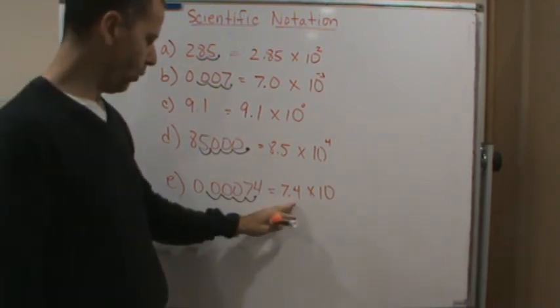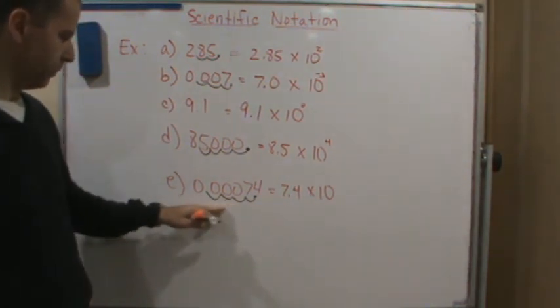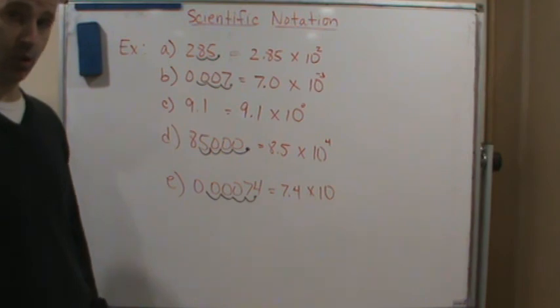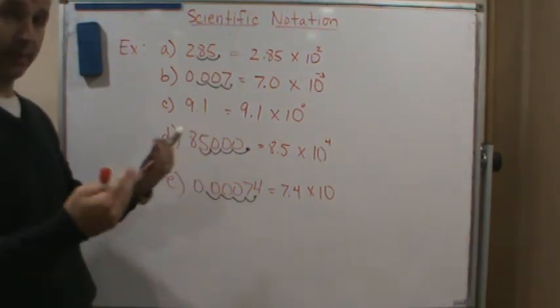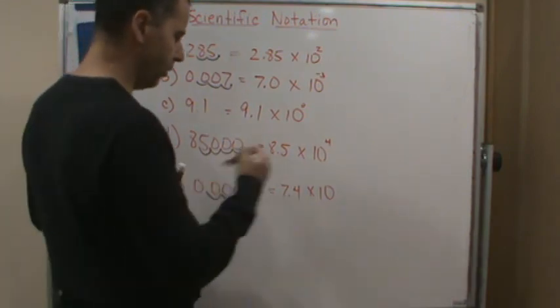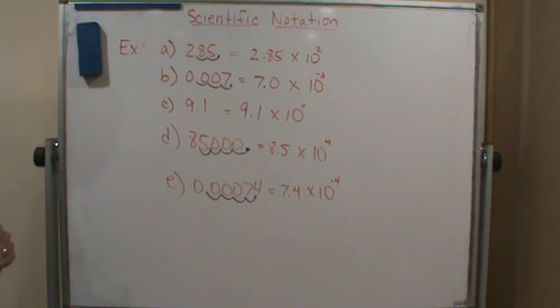So 7.4 times 10 to what power will equal this number? Well, I had to move it 1, 2, 3, 4 places to the right, which means I'm going to have to move it back 4 places to the left. And in order to do that, this is going to have to be -4.